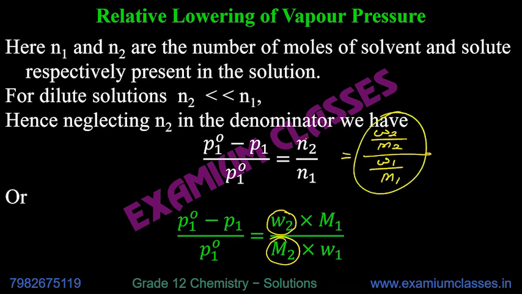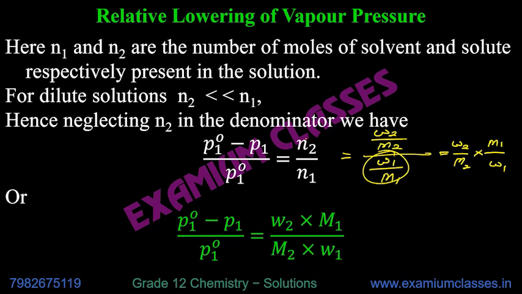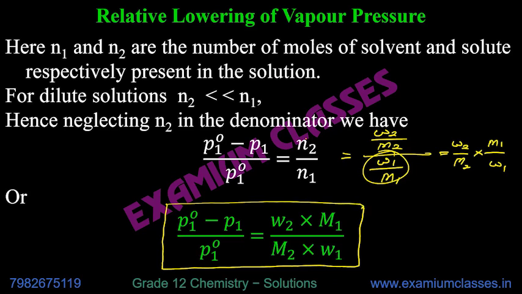When you simplify this one, you will get W2 upon M2 into M1 by W1, the reciprocal of this one multiplied. This is again very important, and this is the one formula which will be used most frequently in this part of the chapter.